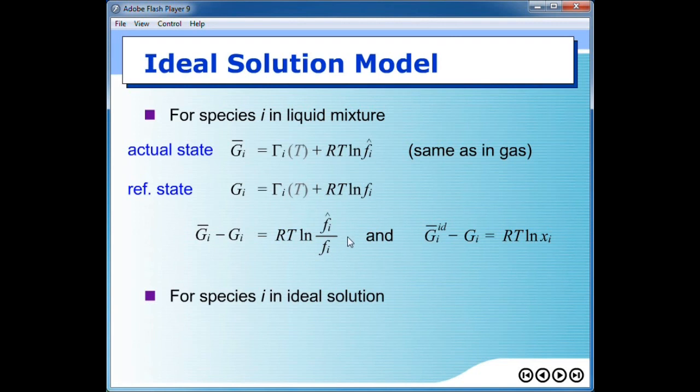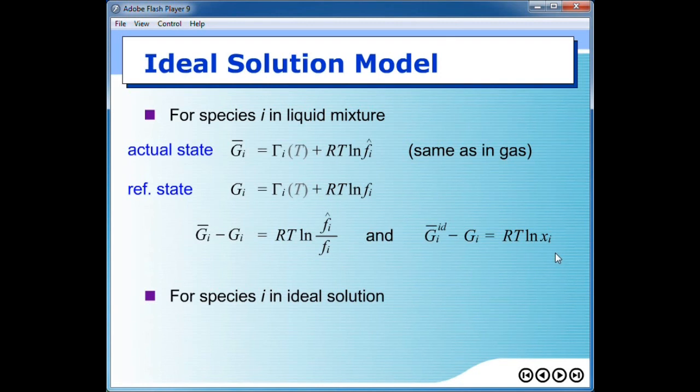So if I apply this equation for ideal solution, then my actual state will become ideal solution. I will get superscript ID over here. And then the left-hand side of this equation and that equation would be exactly the same. Therefore, these two parts on the right-hand side are supposed to be the same. RT would cancel out, and the ratio inside the logarithm is supposed to be equal to x_i.